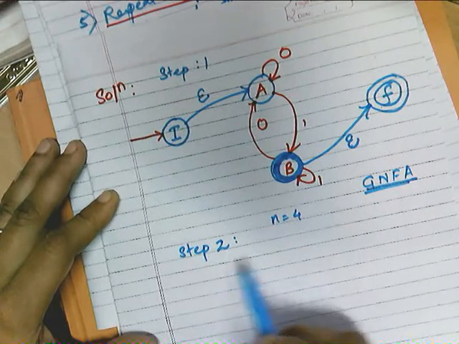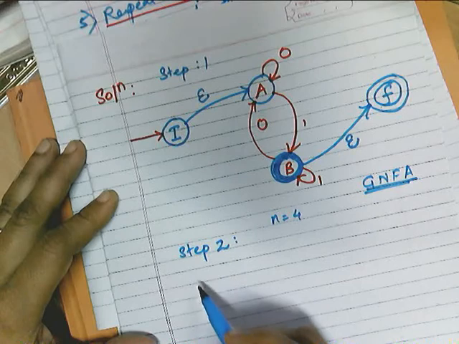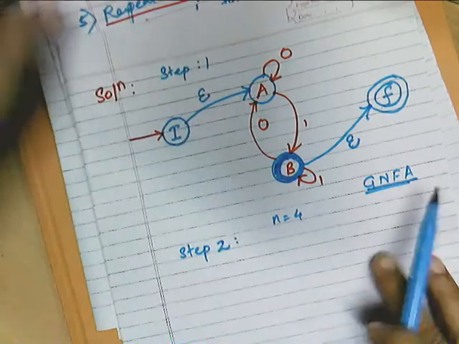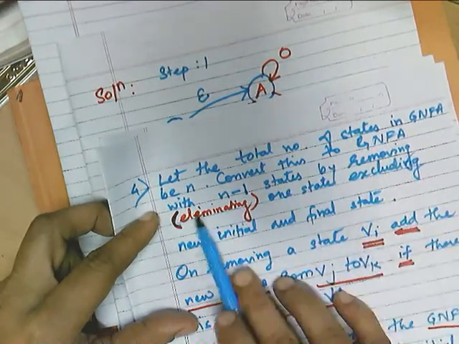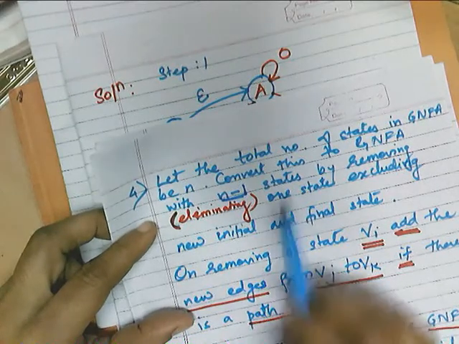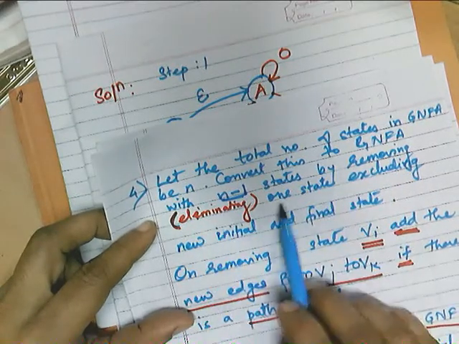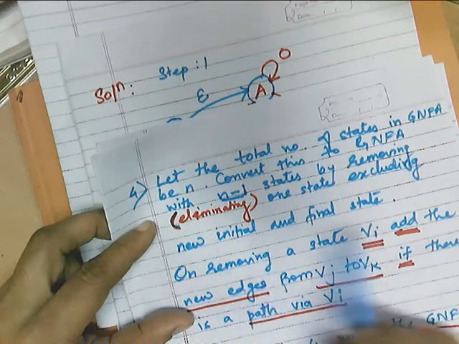Now in this step we have to start elimination. So in the fourth point, what is written? Let the total number of states in GNFA be n. Convert this to GNFA with n minus 1 states, by removing or eliminating one state, excluding the new initial and final state.